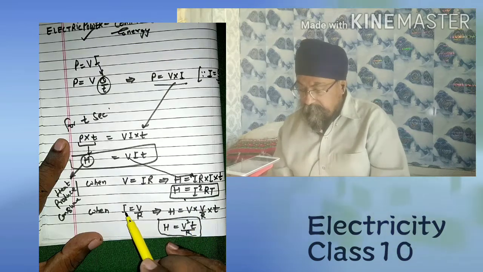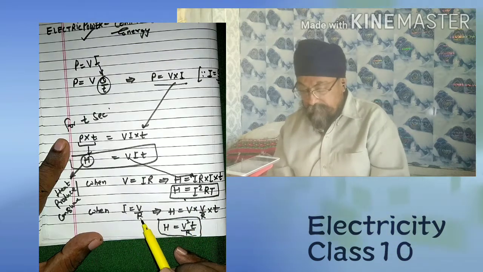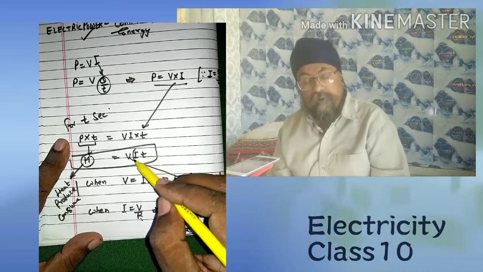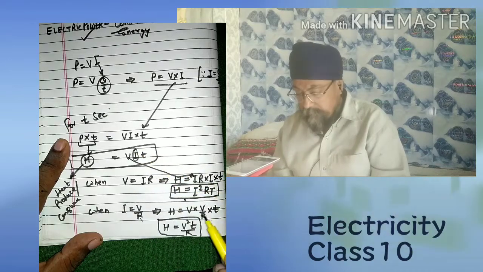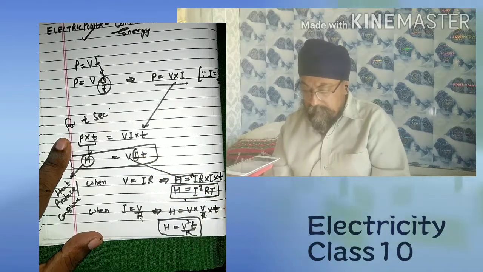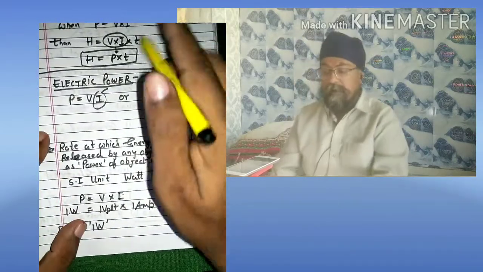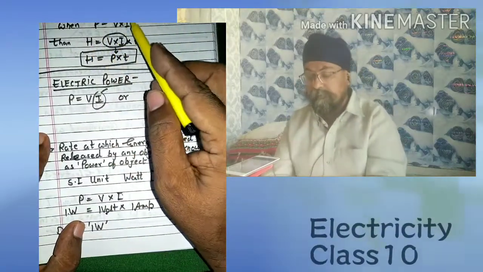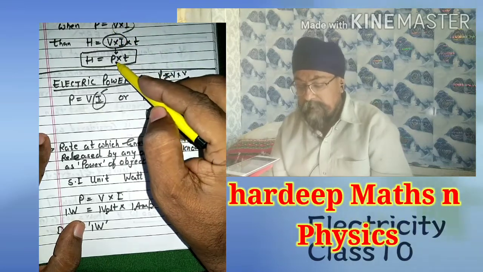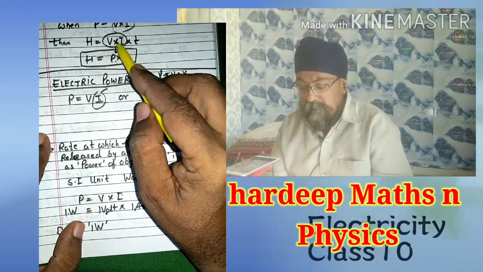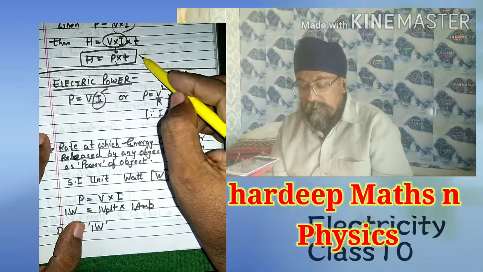In the second form, we know from Ohm's law that I equals V upon R. This I is replaced by V upon R, so H equals V square T upon R. In the third form, P equals VI, so in H equals VIT, VI is replaced by P, so H equals PT.